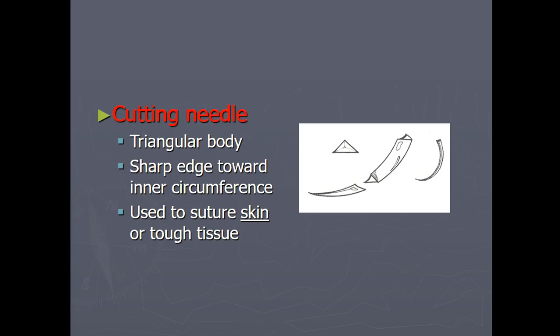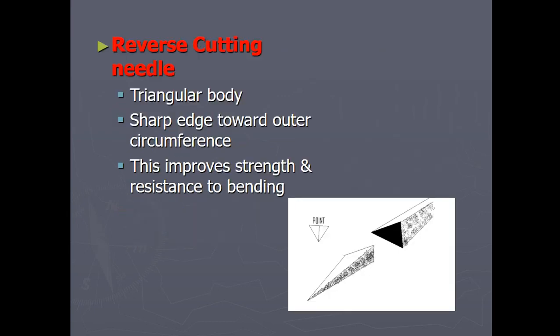It has a sharp edge towards the inner circumference, used to suture the skin or tough tissue like the sheath also. The reverse cutting, as I said, has the apex towards the down and the flat surface towards the upper side. So triangular body, sharp edge towards the outer circumference.